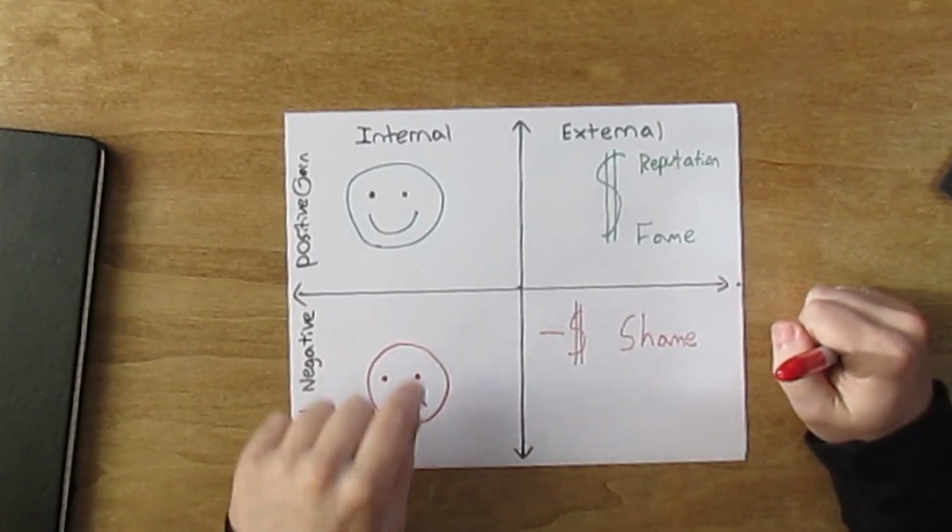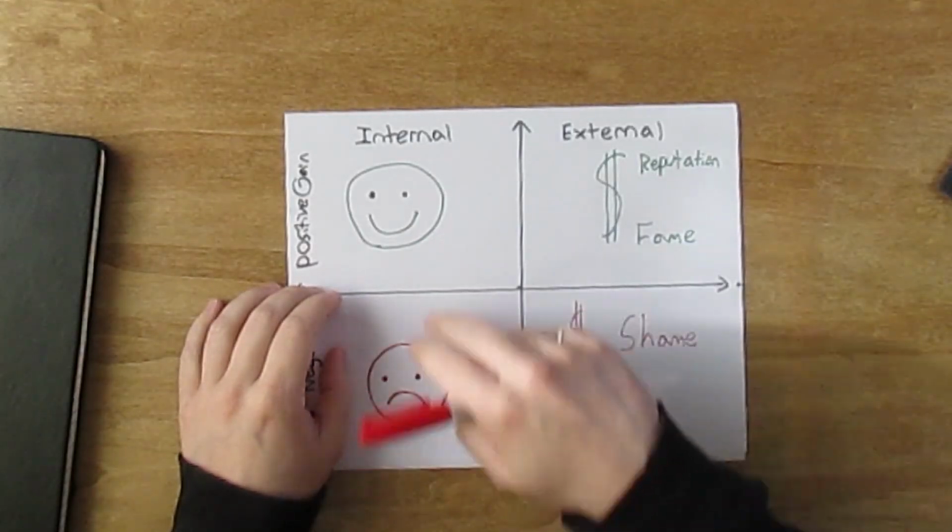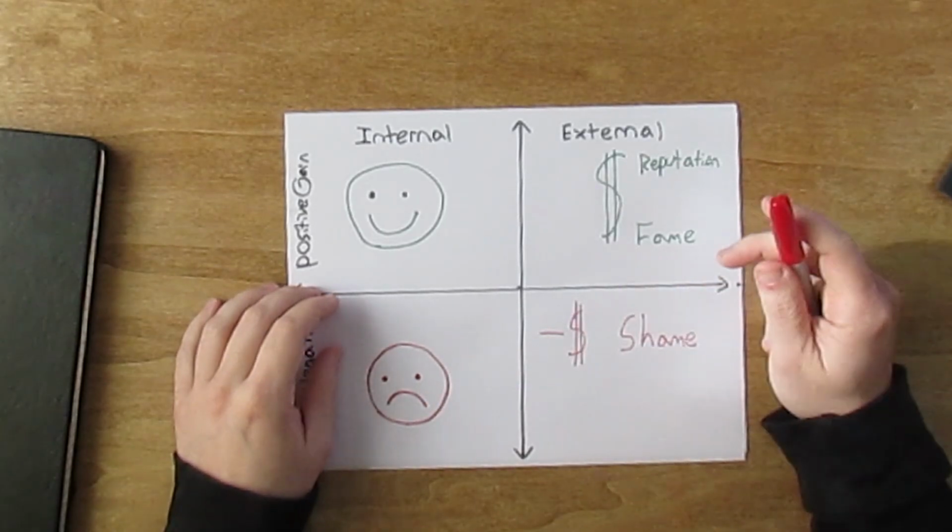It's kind of a little bit paradoxical, but the most well-developed characters, the characters with a very well-developed personal moral code, a personal value system, will often pursue things based on these two quadrants, the internal motivations. But at the same time, if you have a character who's very poorly developed, their motivations often also kind of default to these two quadrants.